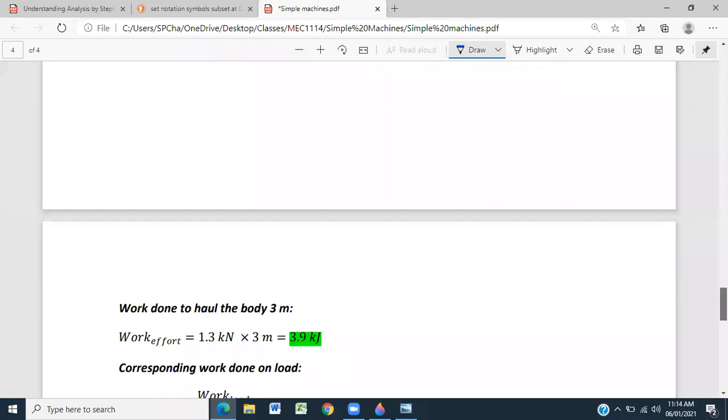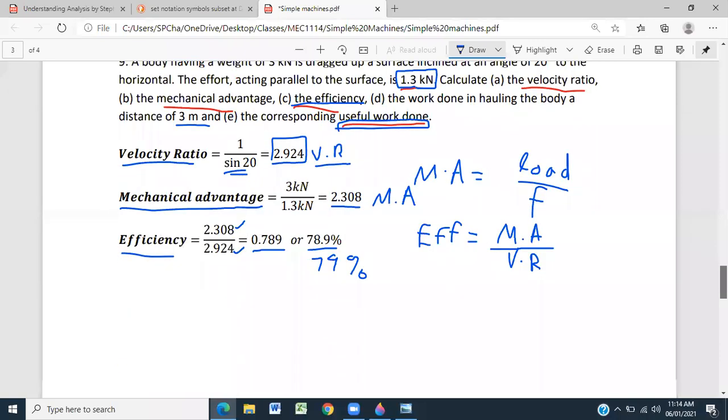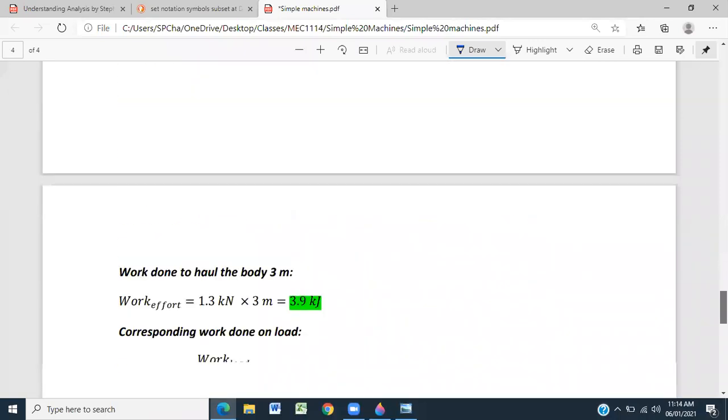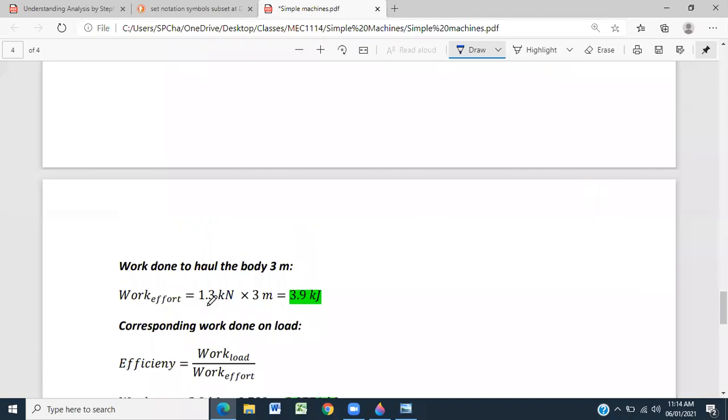So we applied the effort, which was given to us as 1.3 kilonewtons, to haul the body 3 meters. So 1.3 kilonewtons times 3 meters is equal to 3.9 kilojoules, or 3,900 joules, right?